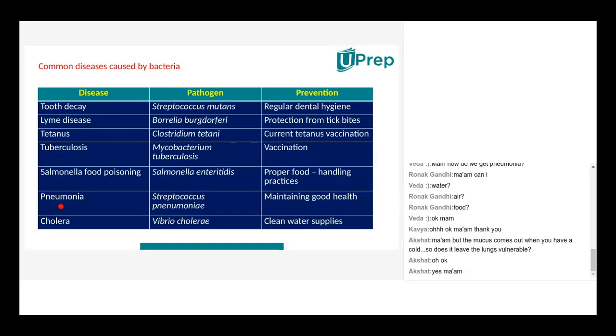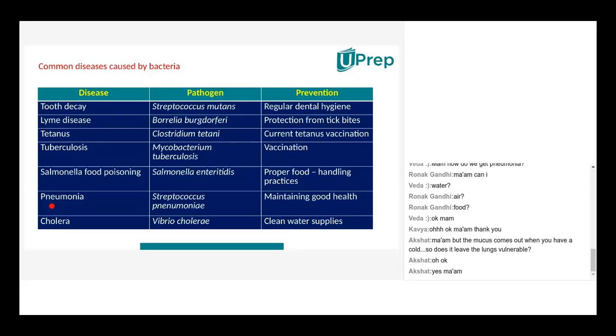So this is actually the pneumonia-causing bacteria. Okay, how will it be prevented? By good health. Good health means what? Taking good quality air, taking good water and food habits, and taking care of your health. So this is how you can stop pneumonia.